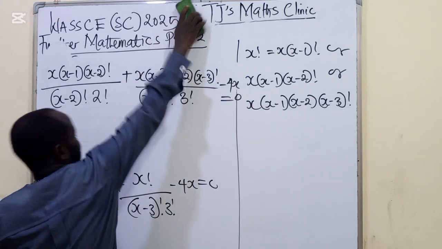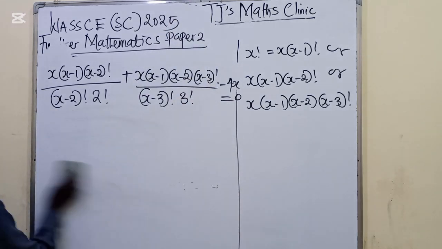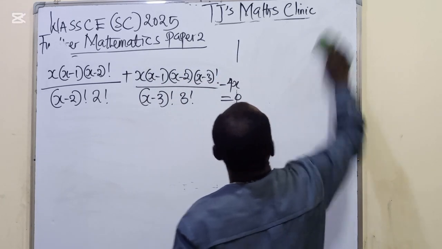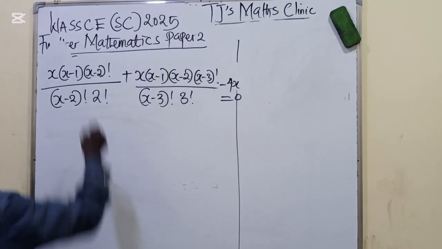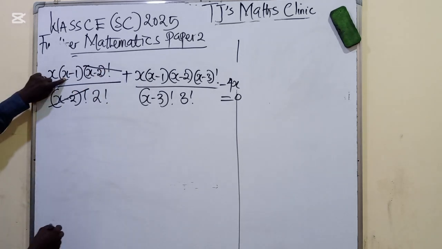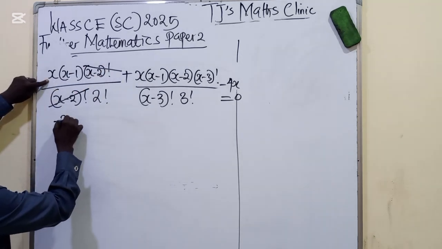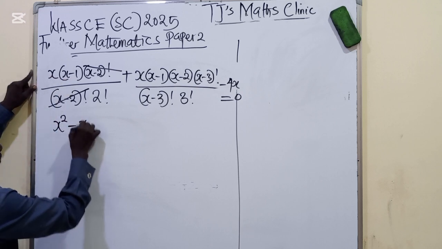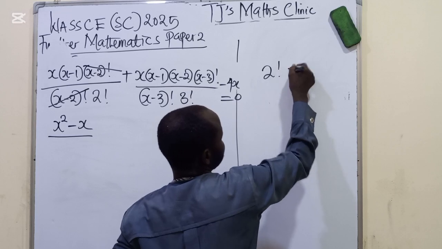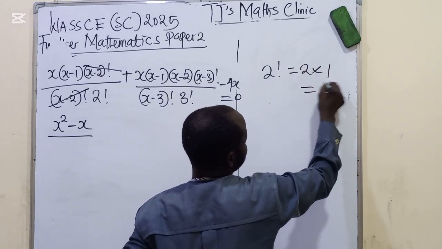Very important. Let's remove this so that we can have space to simplify. Clearly here, we can cancel out, such that we have x times x, that will be x squared, x times minus 1, that will be minus x, divided by 2 factorial, which is 2 times 1, which is 2.